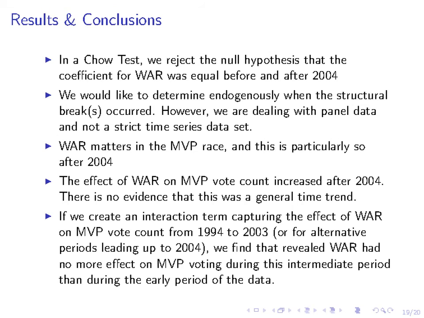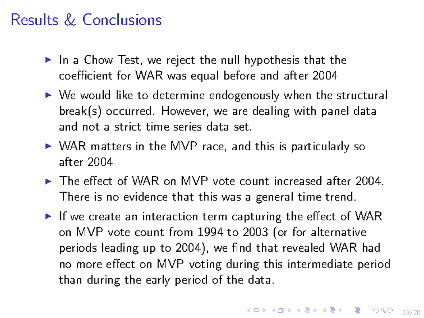In a Chow test, we reject the null hypothesis that the coefficient for WAR was equal before and after 2004. We would like to determine endogenously when the structural break or breaks occurred. However, we are not dealing with a strict time series dataset here, but rather a panel data with repeated time observations.